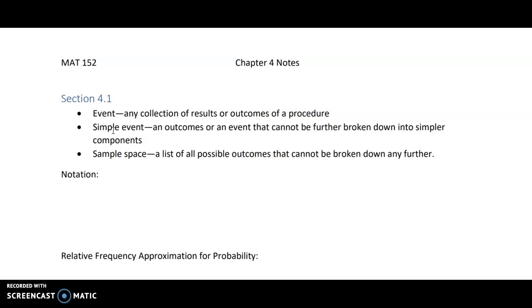So if we're talking about rolling a dice, well, we can't break that down any further than talking about, did we get a 1, did we get a 2, did we get a 3, or so on. So that would be a simple event, and we could write that as probability of rolling a 1, and I'm going to use some shorthand there.